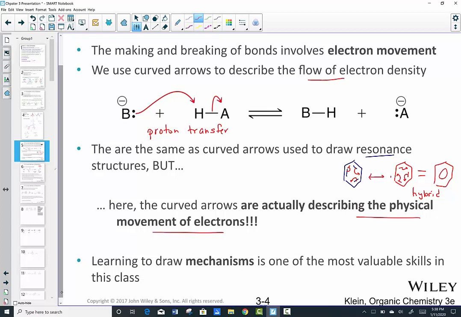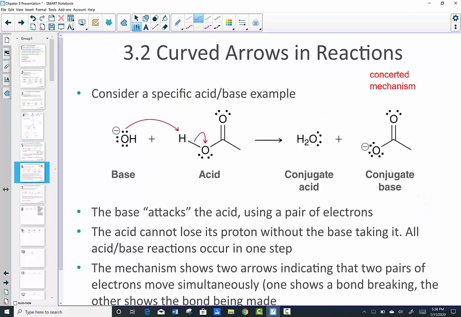So these acid-base electron mechanisms occur in a single step, even though we have two arrows being represented. They are really thinking about this occurring simultaneously. The base attacks the acid using a pair of electrons. So this very rich region of electrons on the oxygen reaching out for the proton on our carboxylic acid. See that functional group?